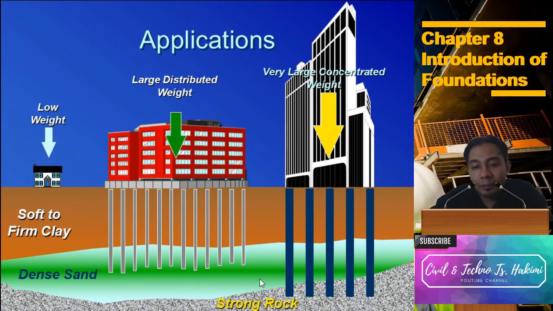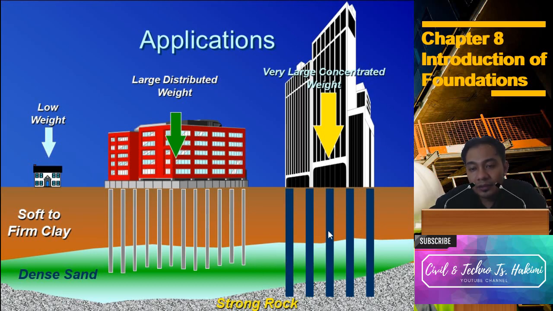This is the end bearing pile, because you receive a very large concentrated weight, so we need the pile to rest on the strong rock. The strength here depends on the grade of the pile, because they rest on the strong rock.